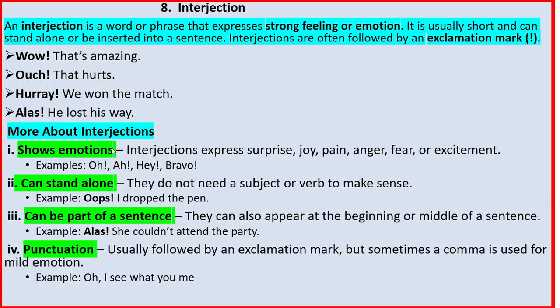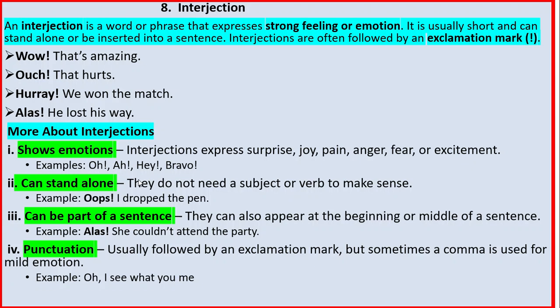More about interjections. Shows emotions. Interjections express surprise, joy, pain, anger, fear, or excitement. For example, oh, ah, hey, bravo can stand alone. They do not need a subject or verb to make sense. For example, oops, I dropped the pen can be a part of a sentence.